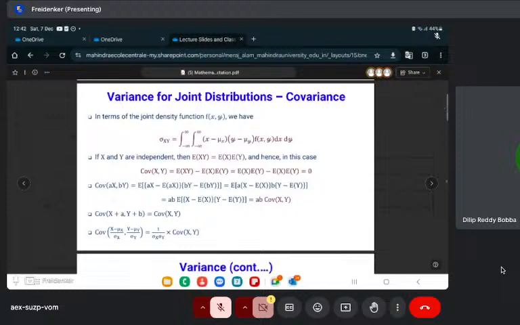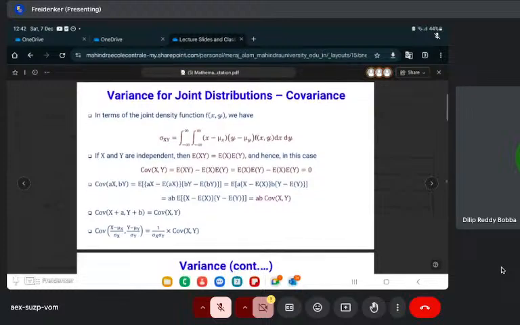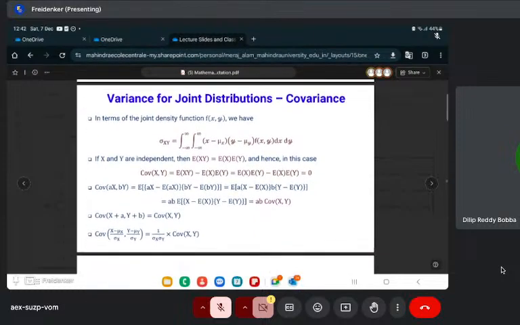Independent in the sense of independence, it need not be just linearly independent, because when I'm talking about linear independence, then correlation coefficient comes into the picture. That will only capture linear relationships. It will not capture any other relationships. But here we are talking about independence. So correlation is a different thing.